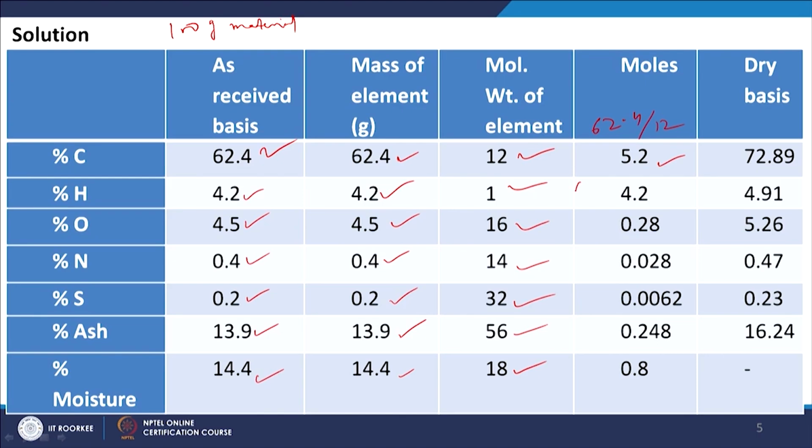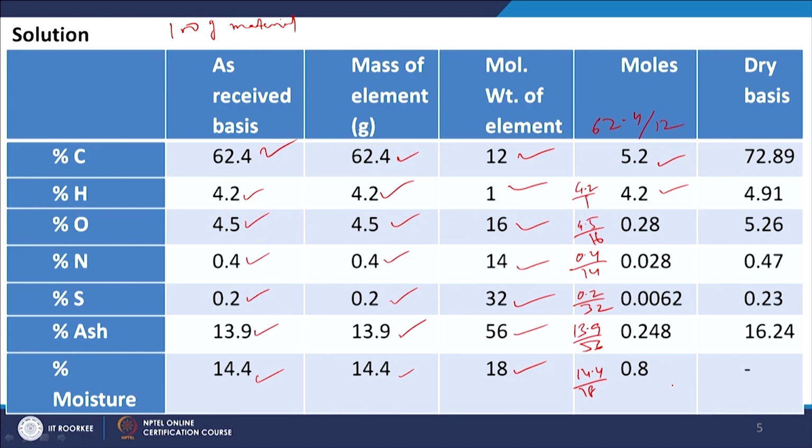Similarly, 4.2 divided by 1 for hydrogen, that is 4.2, and for oxygen we are getting 4.5 divided by 16, that is 0.28. For nitrogen we are getting 0.4 divided by 14, 0.028, and for sulfur 0.2 divided by 32, that is 0.0062, and for ash we are getting 13.9 divided by 56, so 0.248, and for moisture we are getting 14.4 divided by 18, that is equal to 0.8.